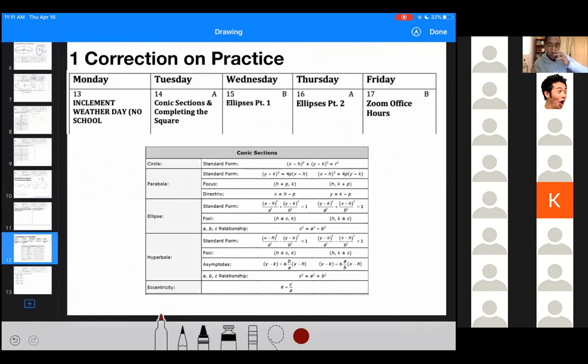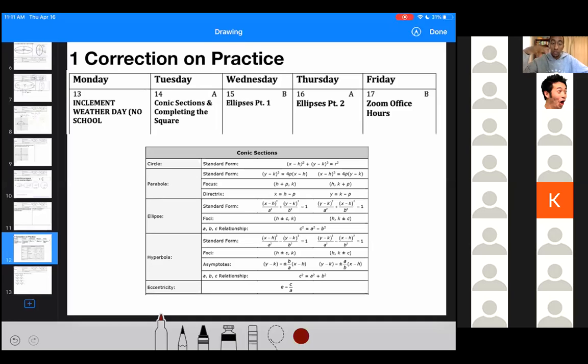One quick correction on the practice. If you have the practice printed, you can turn there. If you don't have the practice printed, just write this down because I noticed when I made the key, I found a mistake. On the front page of the practice, the fourth question, 1, 2, 3, the fourth question on the practice for this lesson, ellipses part 2, it says write the equation of an ellipse that has a center at the origin with a major axis of 30 and eccentricity of 0.8.